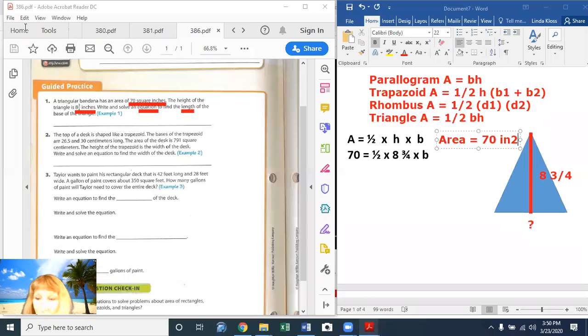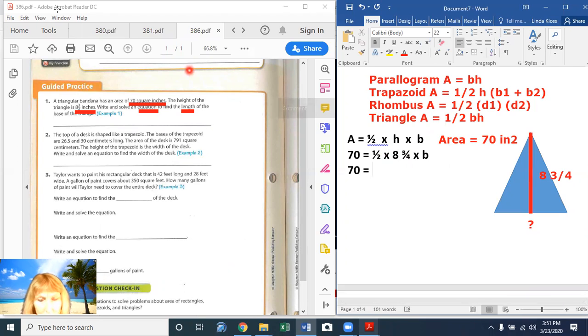Okay. Now, we've plugged in our numbers into our formula. Now we got to use a little algebra to figure out how to get the B. So we have 70 equals. Now I'm going to take my 1/2 times 8 3/4. So we got to remember our fractions unit. How do we multiply a fraction by a mixed number?